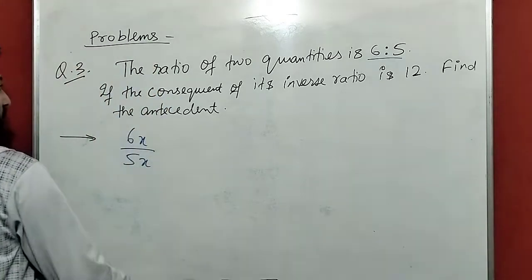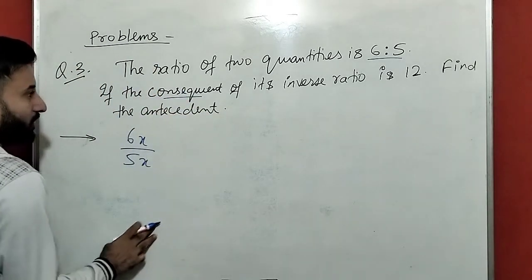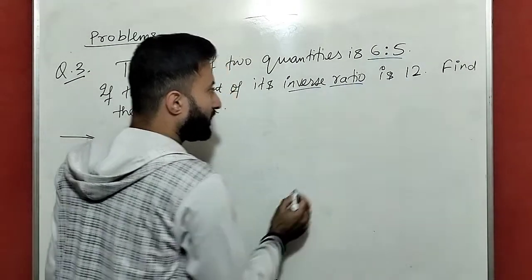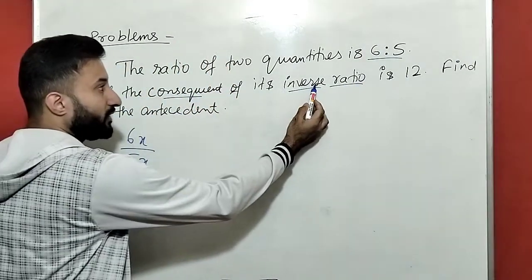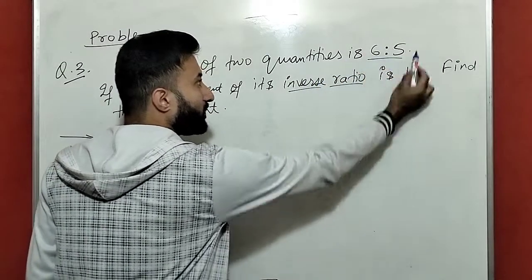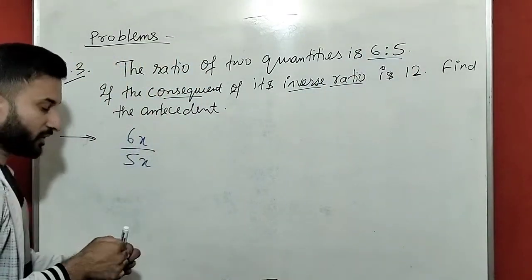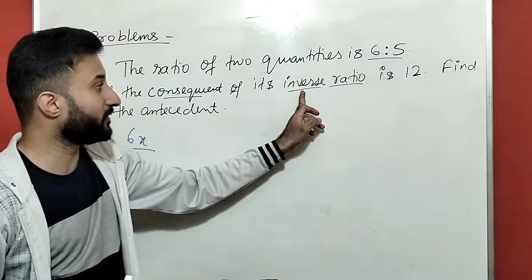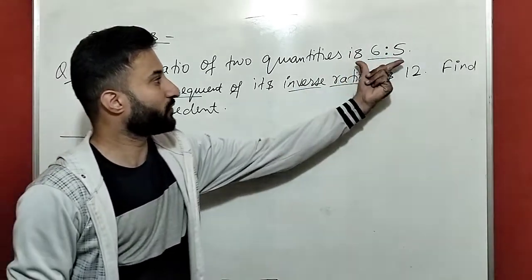But what the question told is, the consequent of its inverse ratio, not the consequent of this ratio, the consequent of its inverse ratio.